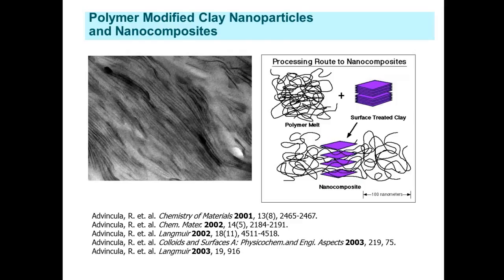So we have a lot of experience in modifying these polymers for a number of those applications, and also for improving composites. Here, again, just showing you some of our synthetic prowess.